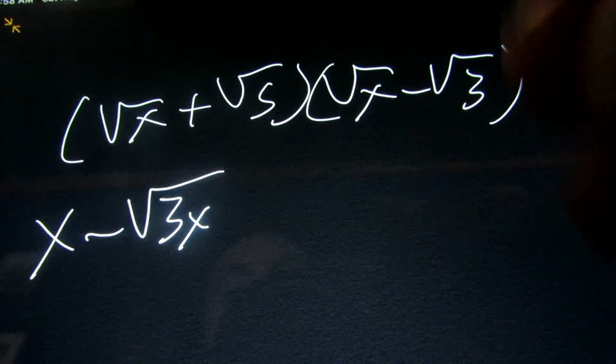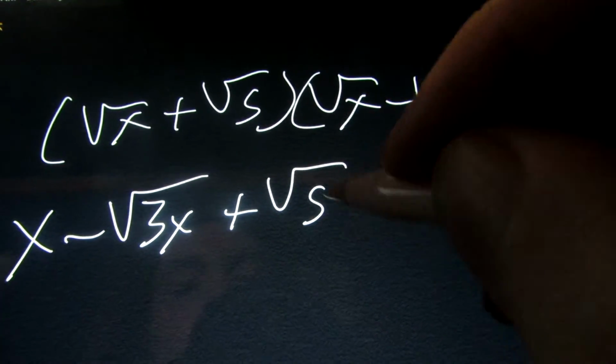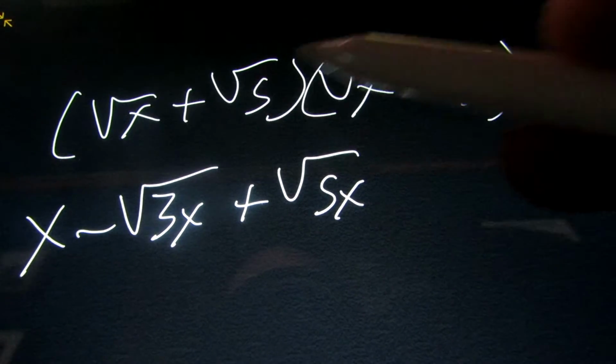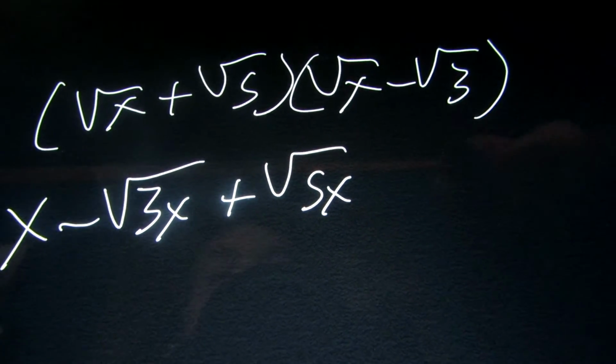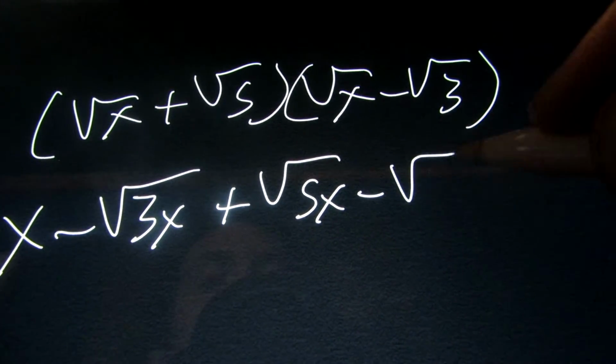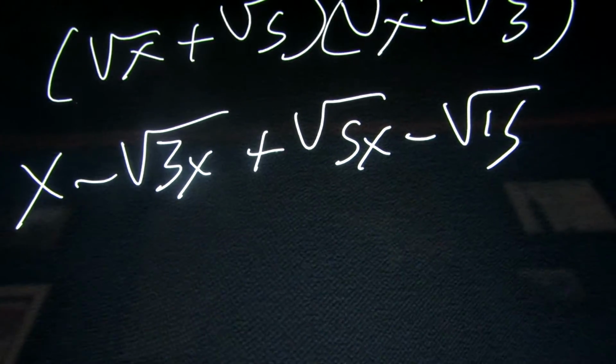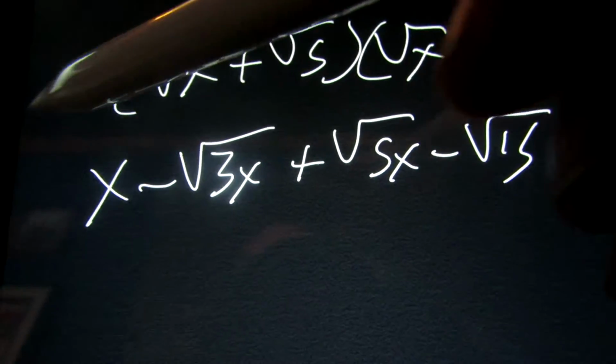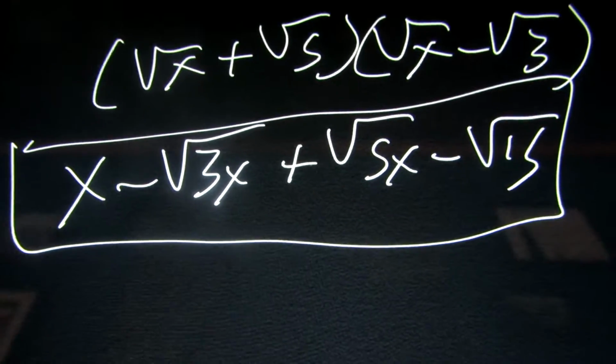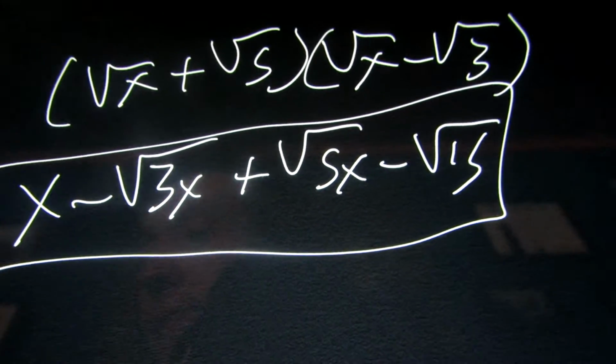Square root of 5 times square root of x is plus square root of 5x. Square root of 5 times negative square root of 3 is minus square root of 15. And I don't have any like radicals or any like terms, so this would be the final answer here.